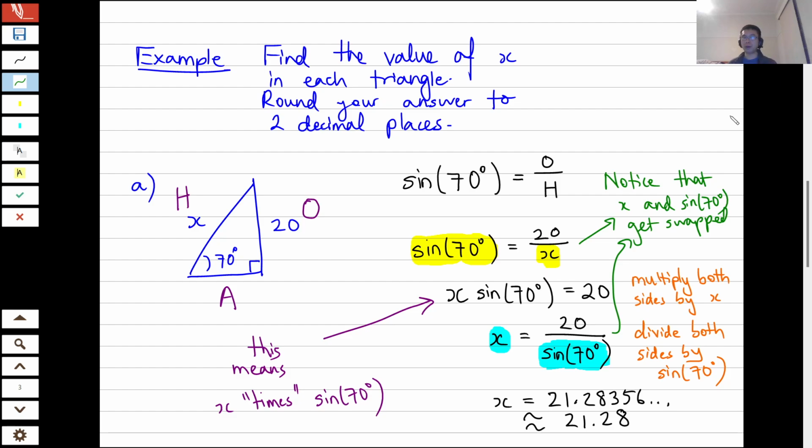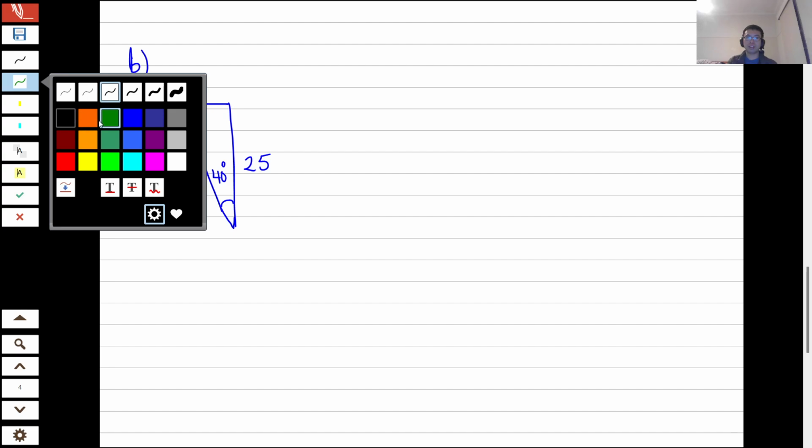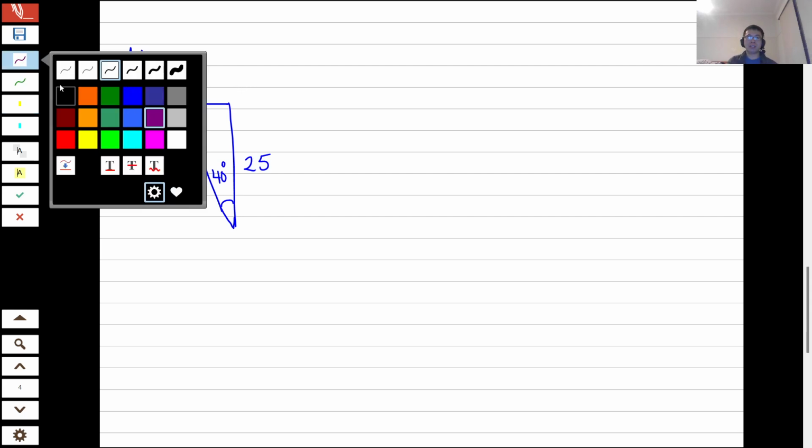All right, we'll do 2 more examples, and the approach is going to be exactly the same. So here's a new problem. This time I've got an angle, 40 degrees, and I should start by labeling the sides of my triangle.